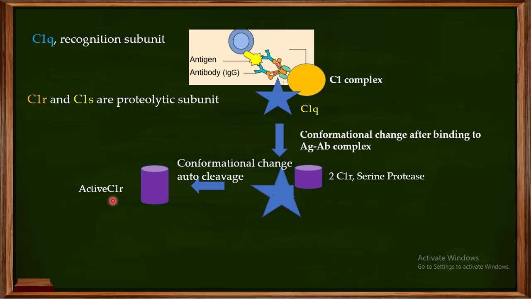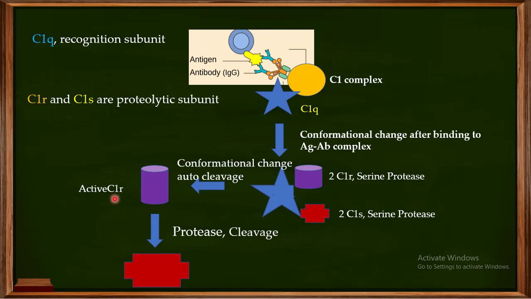So now you have the active C1r. When the C1r gets activated, it acts on the C1s, and you get the cleavage of the C1s by the active C1r, and that gives you the active C1s. So this is how you activate the C1s.